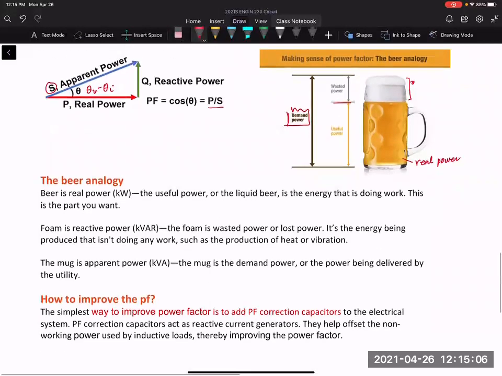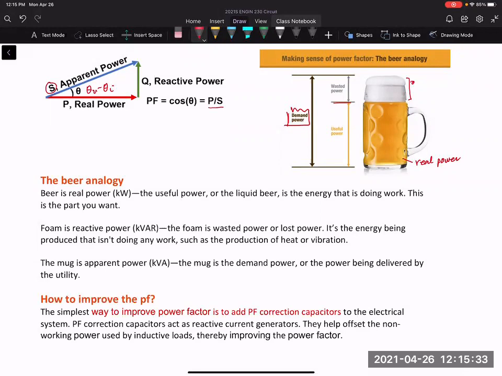How can we improve the power factor? I put this one over here, but we're actually going to discuss this in our lab and also in our next lecture. So I just leave this one to you, and we will talk about this next time. To improve the power factor, normally you will modify the circuit by adding a capacitor.